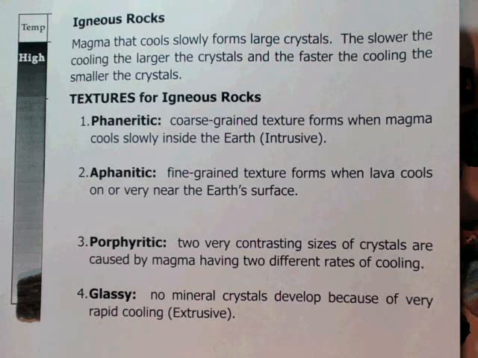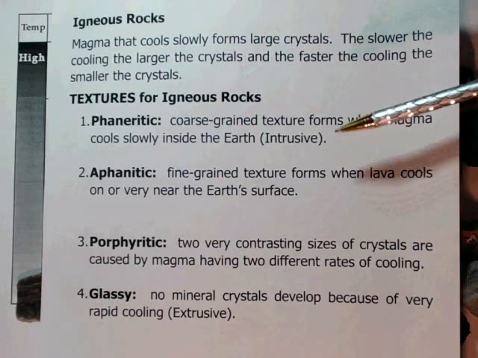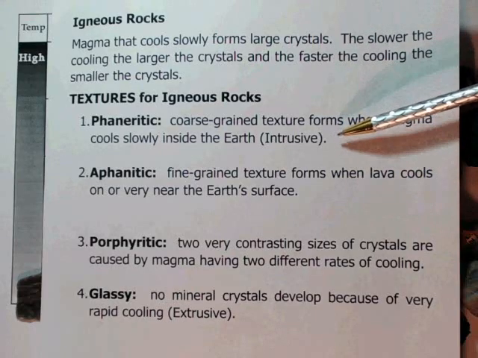The first one there is phaneritic. Phaneritic is a coarse-grained texture. This forms when the magma cools very slowly inside Earth's interior, so remember that term, intrusive.